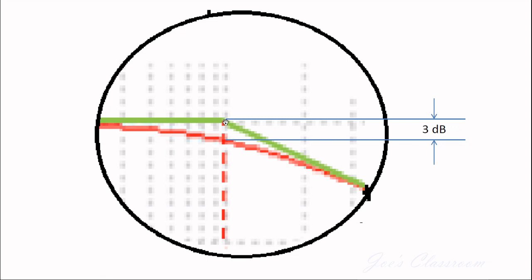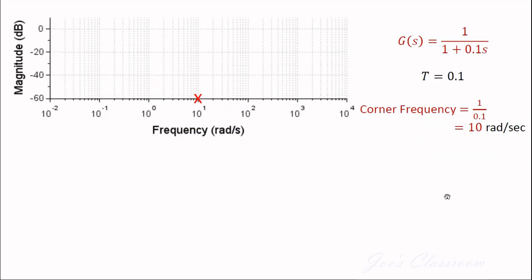Both analytically and graphically, we can prove that this maximum error between the asymptotic Bode plot and the exact Bode plot is going to be 3 decibels. Okay, that's interesting.